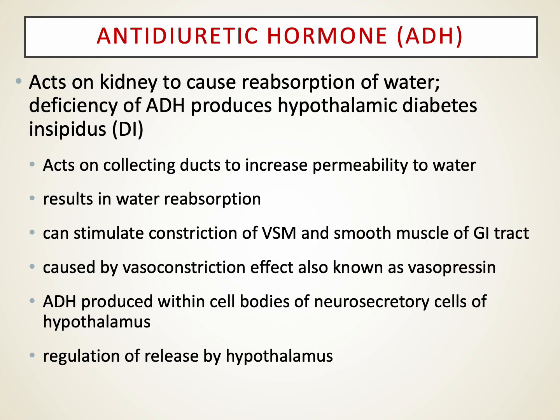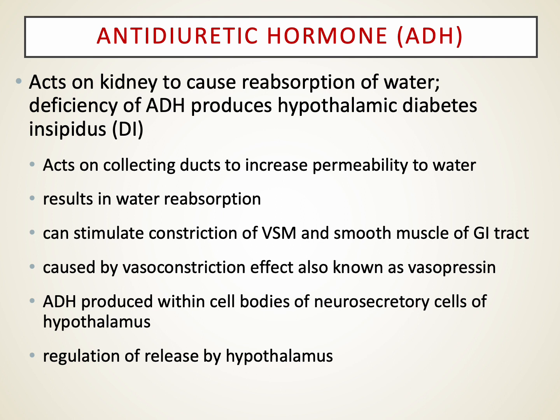So let's look now at antidiuretic hormone. Antidiuretic hormone acts on the kidney, affecting the reabsorption of water, and a deficiency of ADH produces hypothalamic diabetes insipidus. This affects the collecting ducts and their ability to be permeable to water, impacting water reabsorption.